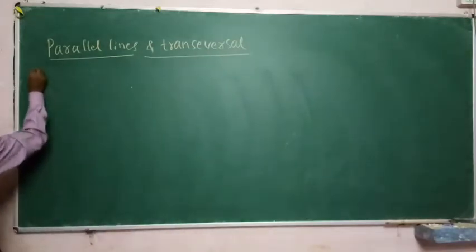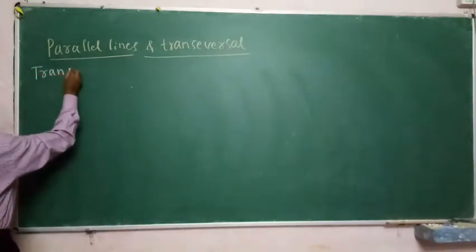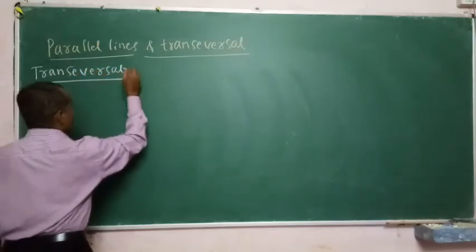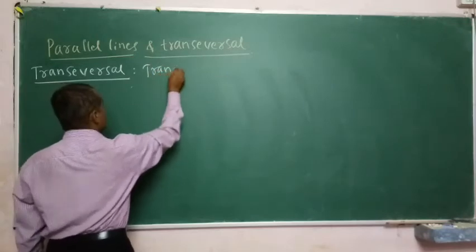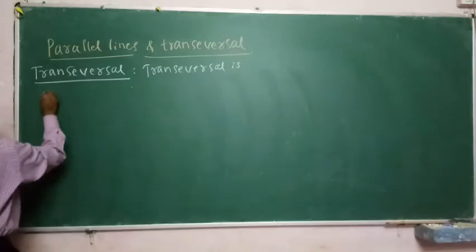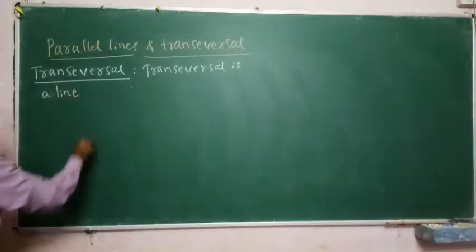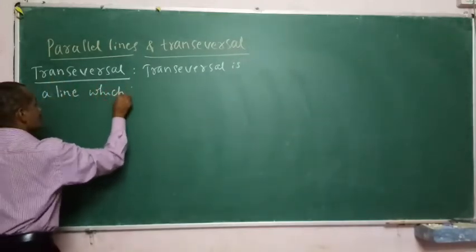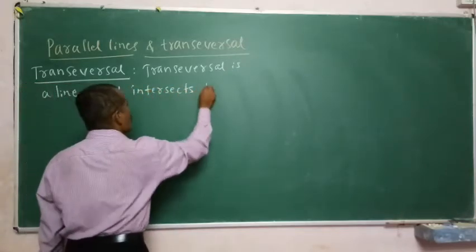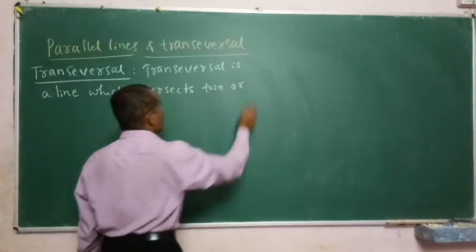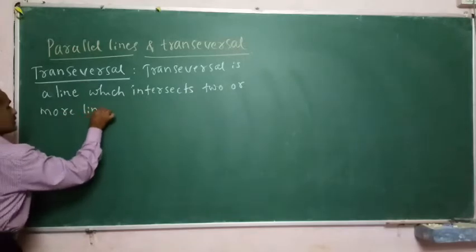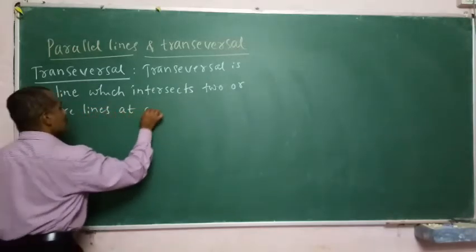Let me tell you what a transversal is. A transversal is a line which intersects two or more lines at distinct points.